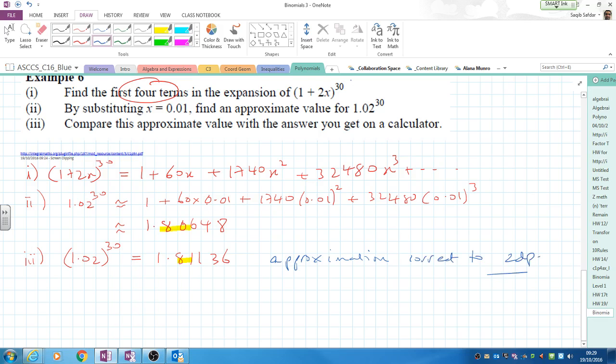We only use the first 4, and that's correct to 2 decimal places. We could work out the difference and divide it by the original and times by 100 to work out a percentage error if you wanted, or percentage difference. But that is pretty good. It's just within 2 decimal places just by using the first 4 terms of the expansion.